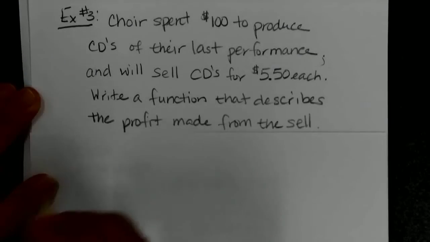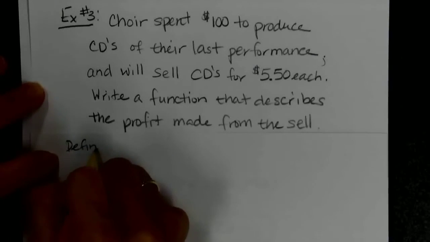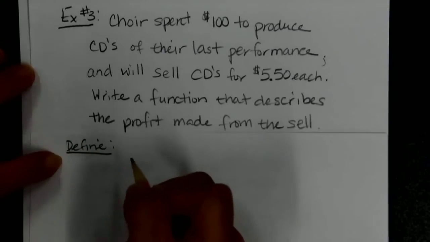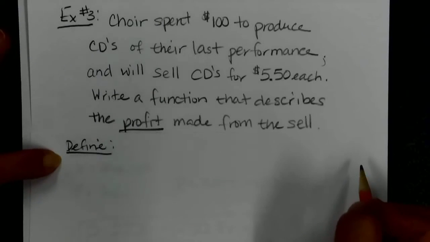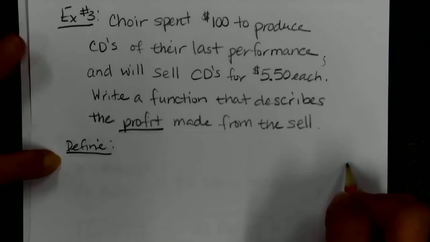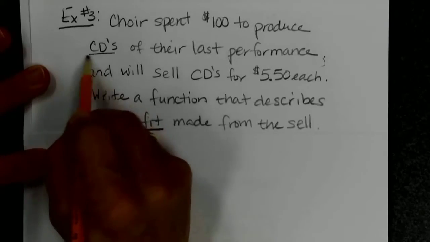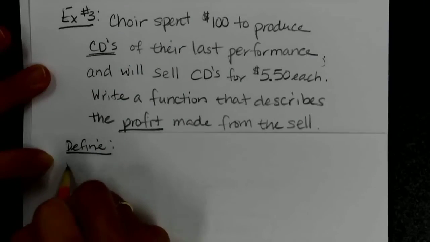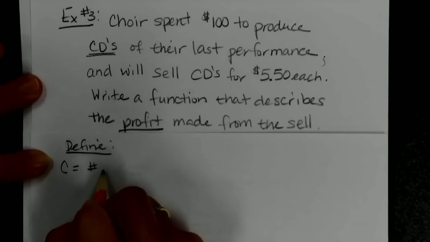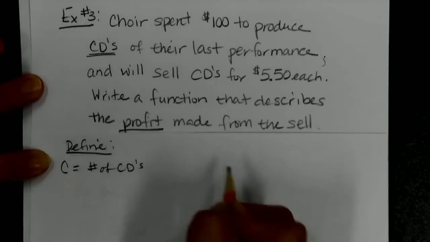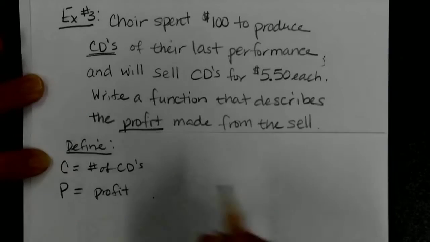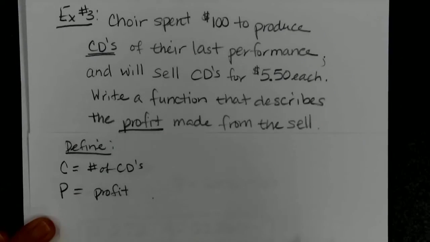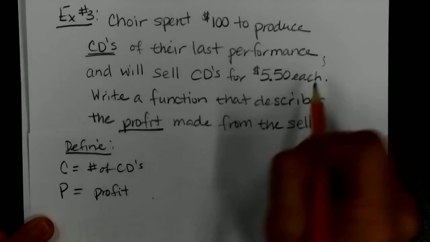So if you noticed, they don't give us any variables, so the very first thing you have to do is define. What we want to figure out is how much profit is made by selling the number of CDs. So I'm going to let C be the number of CDs. And we're going to let P be the profit made by selling the CDs.